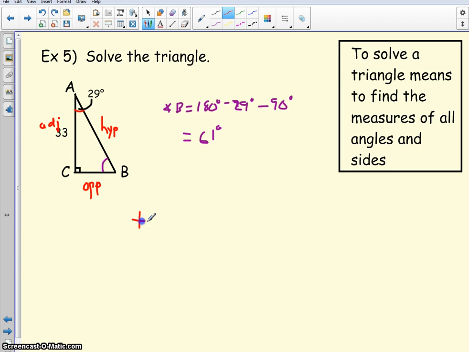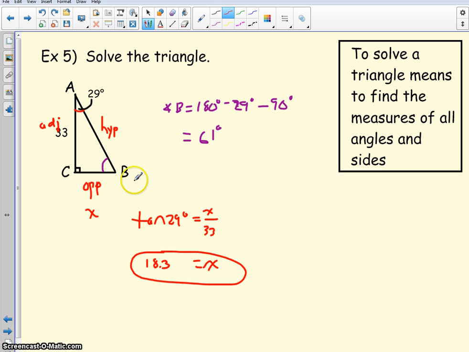That's going to be tan. So tan of 29 degrees is going to be my opposite, which I don't know, let's just call that x, over my adjacent, which is 33. Multiplying both sides of that equation by 33, I get my answer to be, using one decimal place, about 18.3 units.